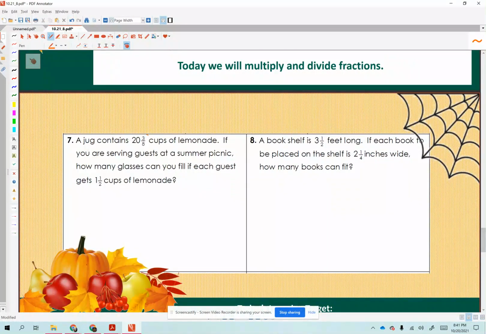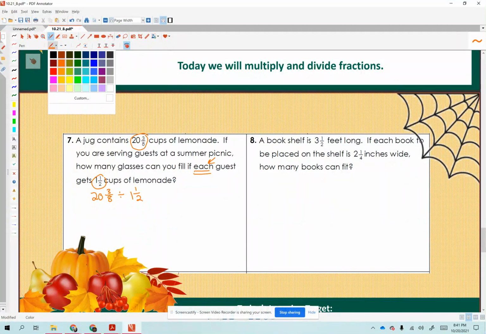So a jug contains 20 3/8 cups of lemonade. If you are serving guests at a summer picnic, how many glasses can you fill if each guest gets 1.5 cups of lemonade? So this is your clue that this is a division problem. 20 3/8 divided by 1 and 1/2.